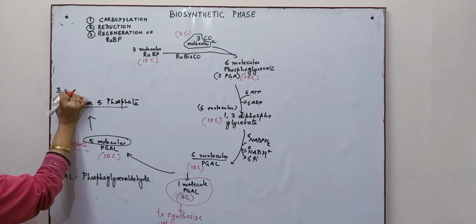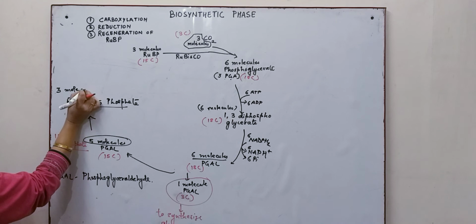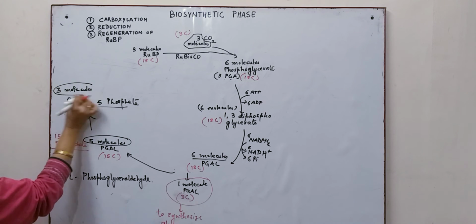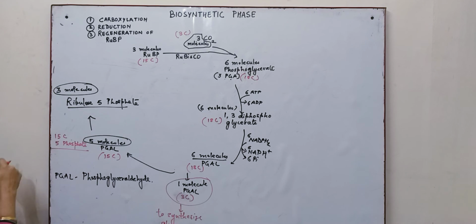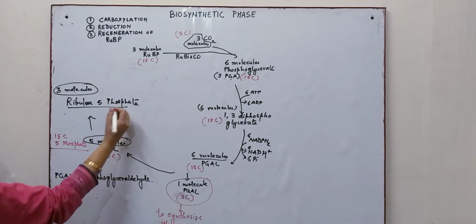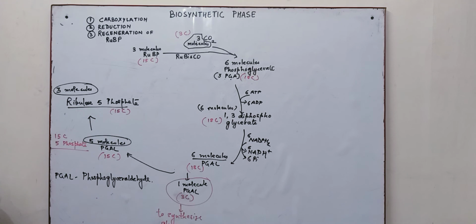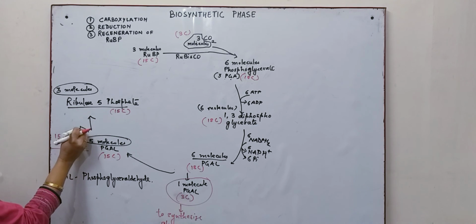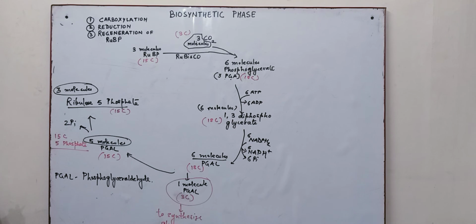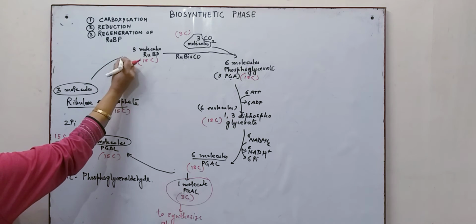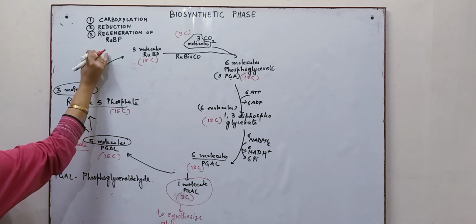There are 3 molecules which are produced. This is a 15 carbon atom compound, and during the phosphorylation, 2 inorganic phosphates are released. When it undergoes the phosphorylation process, 3 ATP will be required.